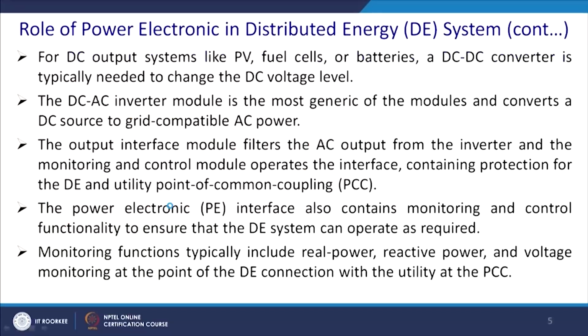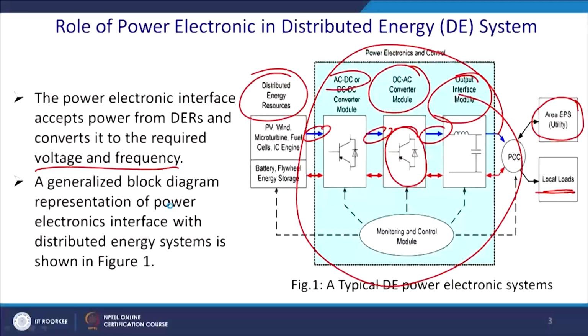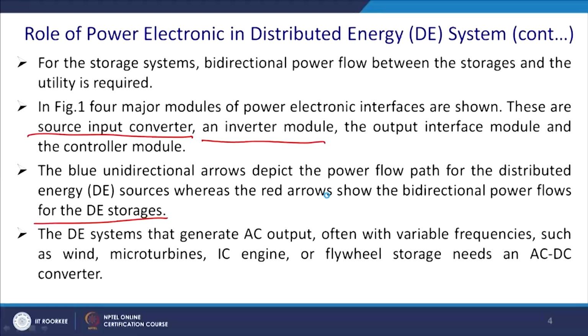So, these are the red arrows, where the battery is bidirectional, and here is also bidirectional. The DE systems that generate AC output, often with a variable frequency, such as wind, microturbine, IC engines or flywheel storage, need an AC to DC converter.